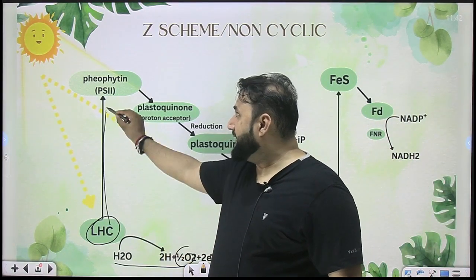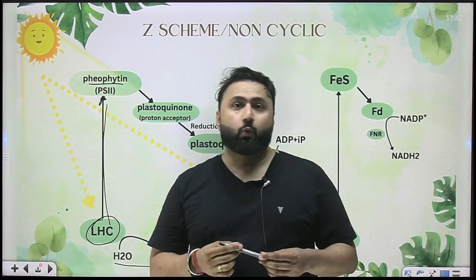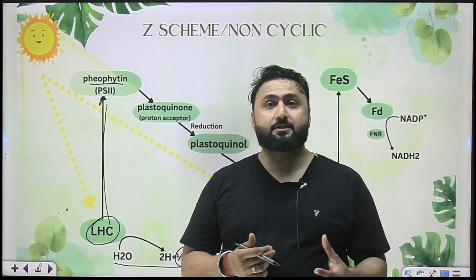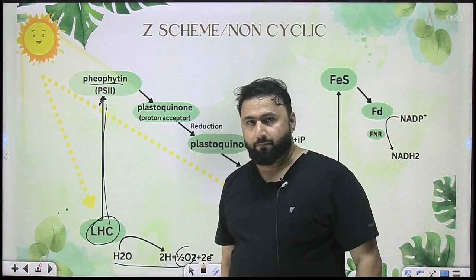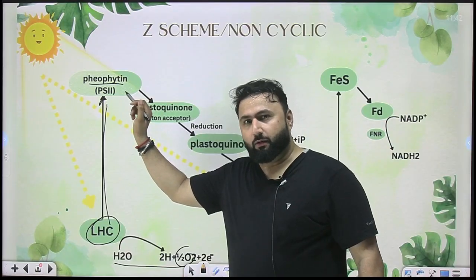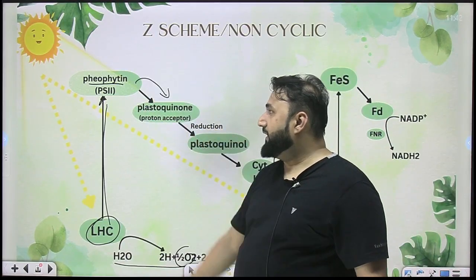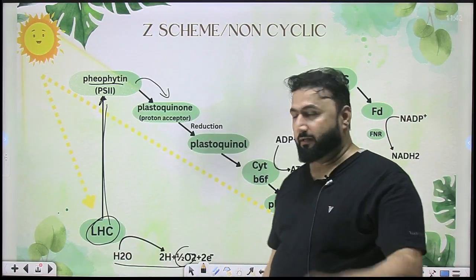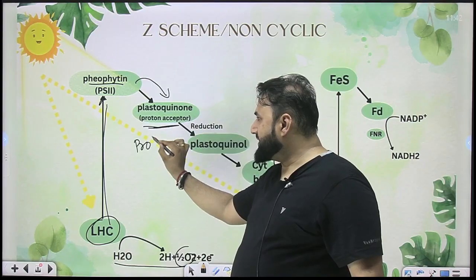This is being accepted by phaeophytin. If the question is asked to you, which is the primary acceptor of PS2 (P680), here it is phaeophytin. This is your electron acceptor. Okay, primary electron acceptor. So here this would be giving it to the proton acceptor. Plastoquinone is a proton acceptor, also known as the proton pump.